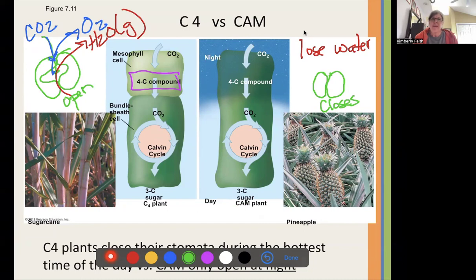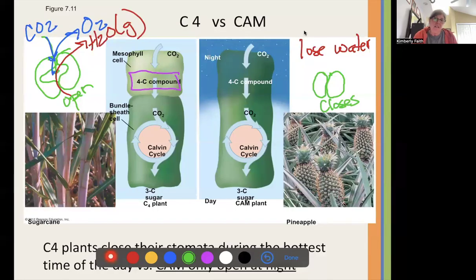The problem with this, and this is where these plants, usually in the hottest part of the day when they're losing water, they'll close up shop. Okay, and then once the water vapor is kind of replenished as it's getting colder, right? Because the plant is constantly taking water up through the roots, they'll open back up again.